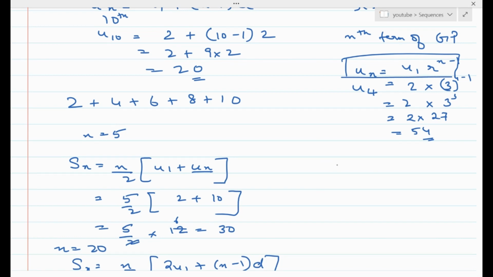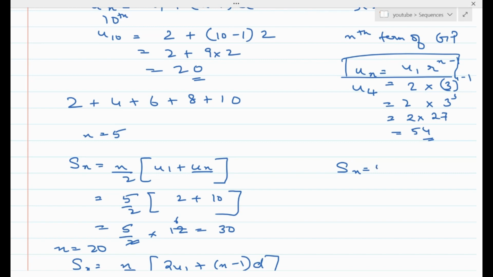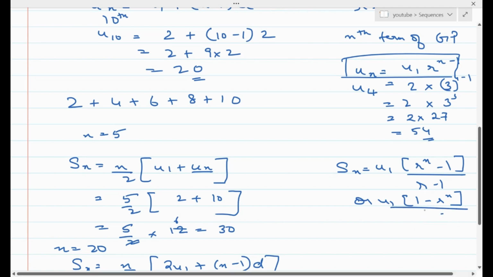Now let's figure out what is the sum of n terms of a geometric series. The sum of a geometric series is given as Sn is equal to u1 into r to the power n minus 1 by r minus 1, or you can write it as Sn is equal to u1 times 1 minus r to the power n divided by 1 minus r.